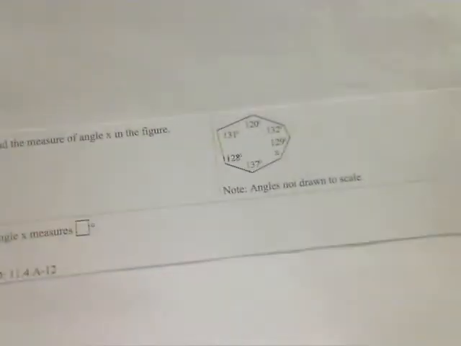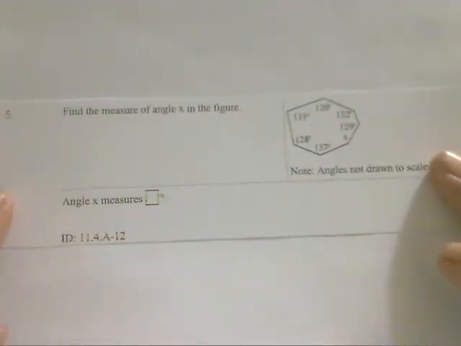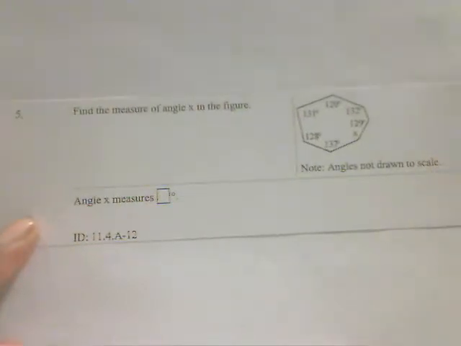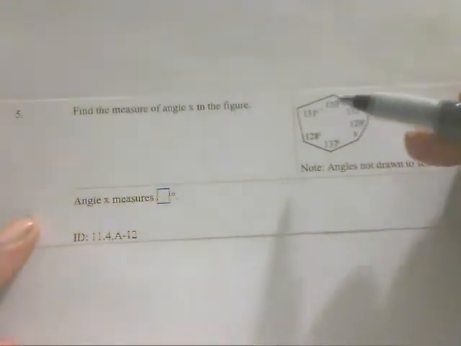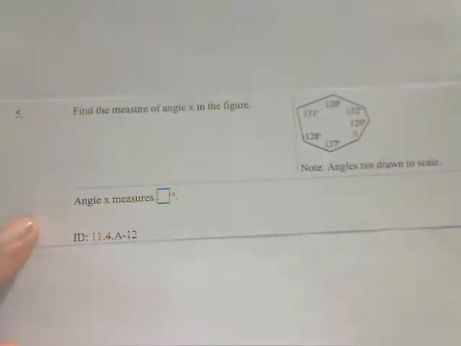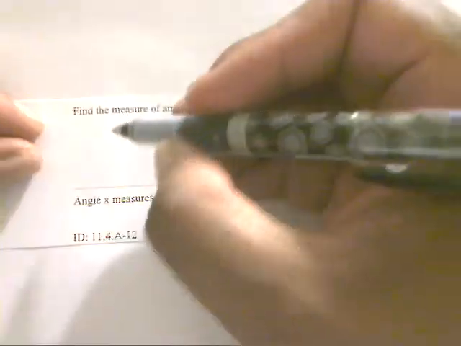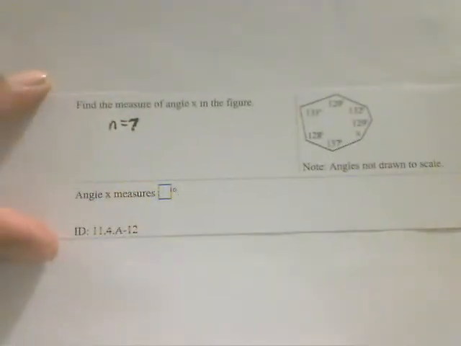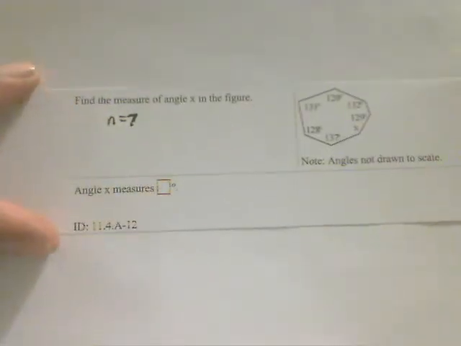Okay, problem number 5. Find the measure of angle X in the figure. Okay, now in this case here, there are 1, 2, 3, 4, 5, 6, 7 angles. That tells me that this is a 7-sided figure, which is a heptagon. So that's n is equal to 7. Now I need the sum of all the angles in this particular heptagon.